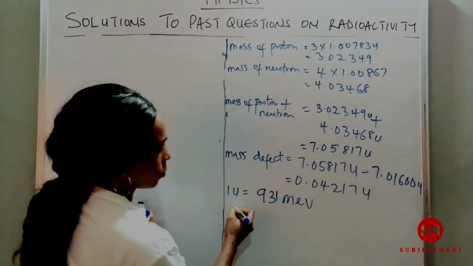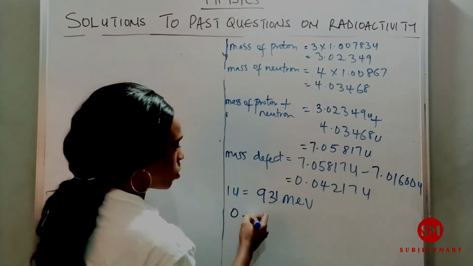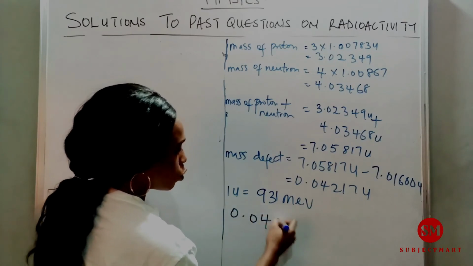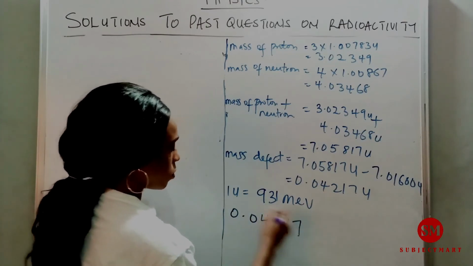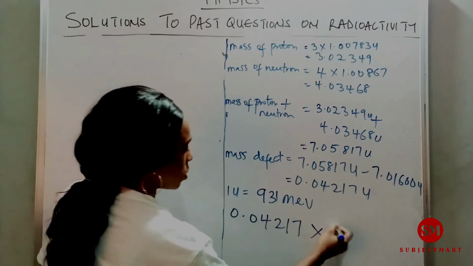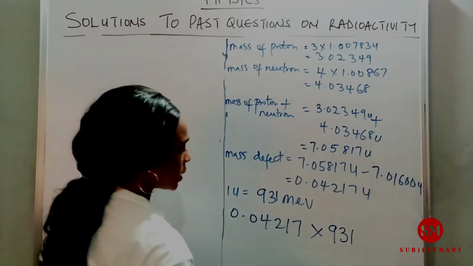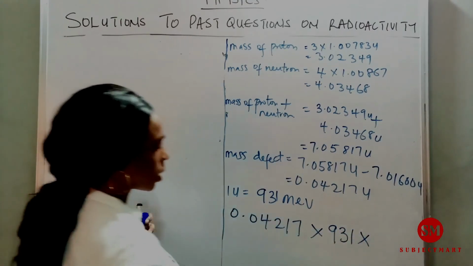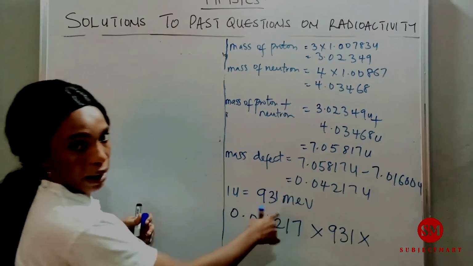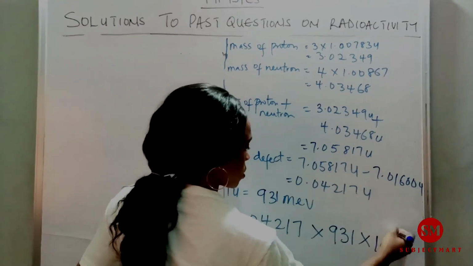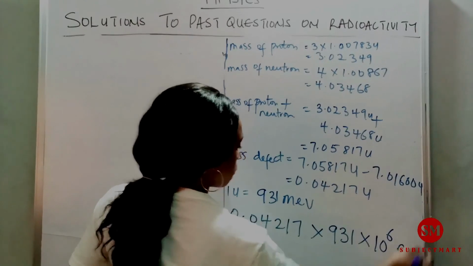So this we have 0.04217 times 931 times this M stands for mega, that's 10 raised to the power 6 eV.